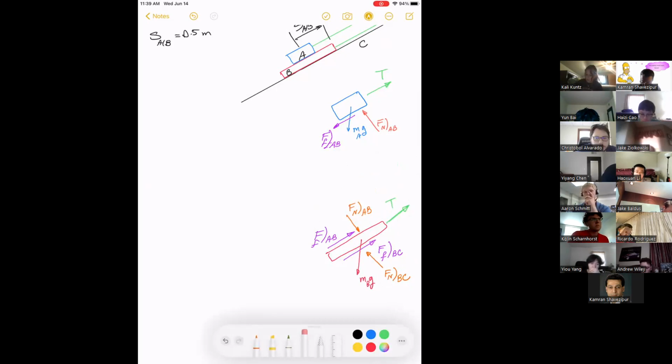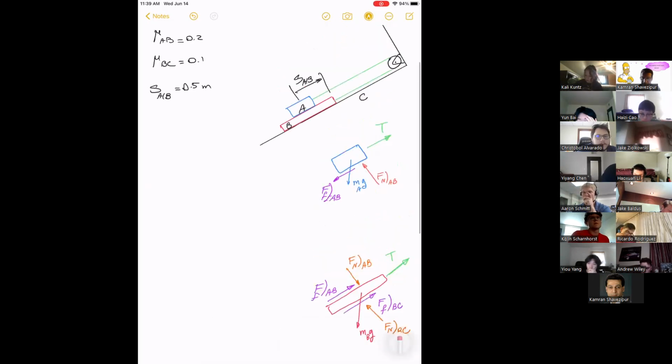Now that we have all forces for A and B, I'm going to write the equations of motion. Anything missing in this free body diagram or the two free body diagrams?